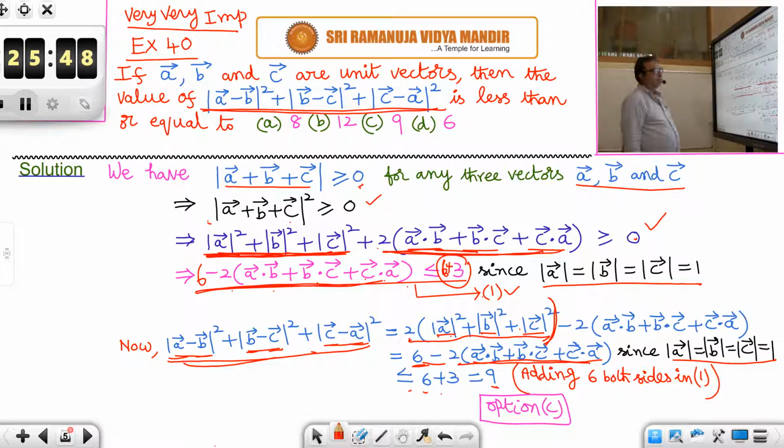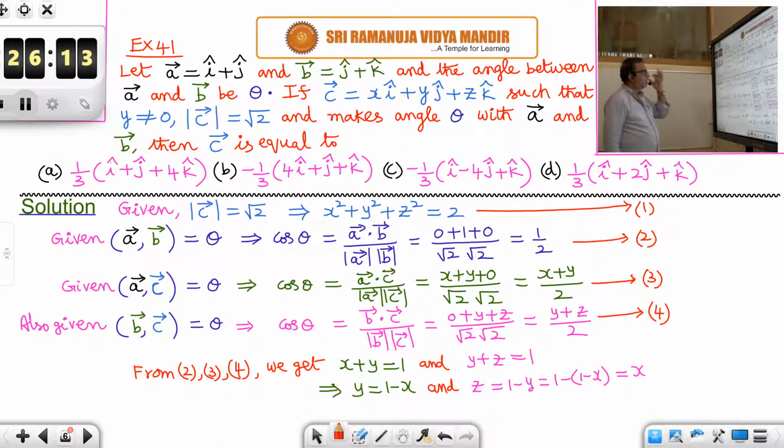Therefore, answer is 9. So maximum value is 9. Here I have written adding 6 both sides to inequation number 1. So answer is 9. This is very important, so please remember this. Next, example number 41.